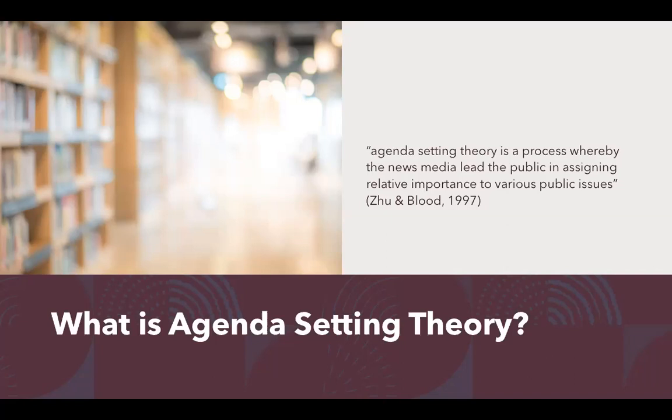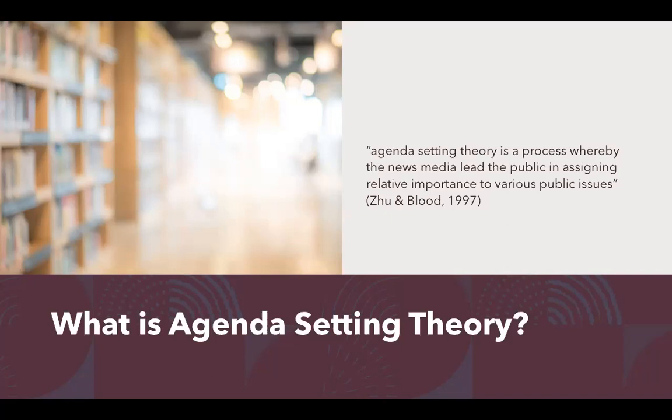Consequently, people will also start thinking about that issue a lot. They will not only pay attention, they will also consider this issue to be important. That is how media assigns importance to issues and events happening in our surroundings.